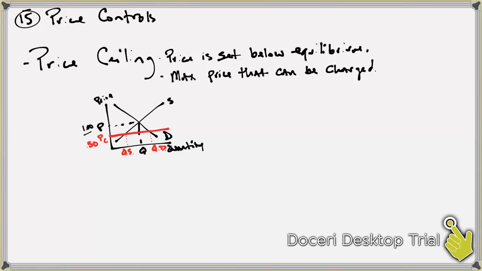So we should put down up here that a price ceiling creates a shortage in the market. Because you have a lot of people now that want to buy donuts. You got suppliers that don't want to supply as much.